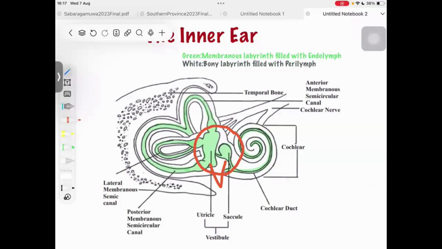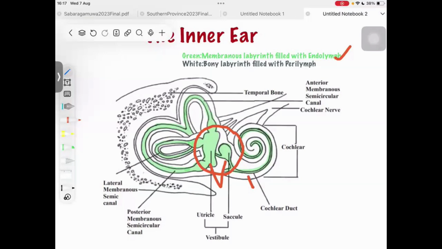In the membranous labyrinth, there is a fluid called the endolymph. And in the white region, as I've said, it is called the bony labyrinth. It is filled with the fluid called perilymph, right? All right, so what is the function of utricle and saccule? The function is to perceive position with respect to gravity or linear movements, right?